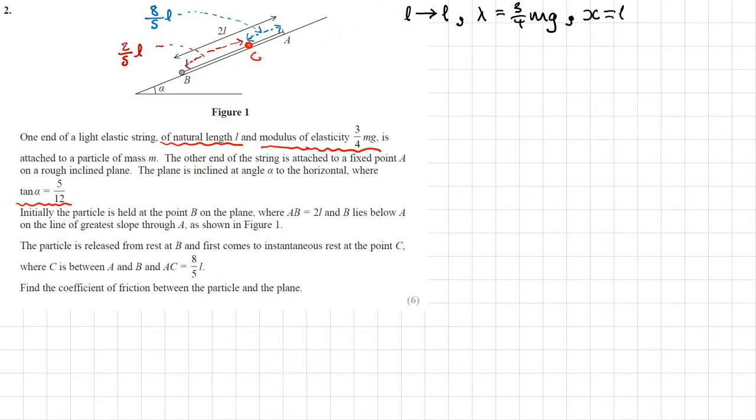So I'm going to start by looking at the energy that I have at the start. Now the way that I do these questions, I've changed the way that I do these questions. So I'll look at the energy at the start, so start energy. I look at the energy at the end, so end energy, which we'll work out in a moment. And these are going to be different because we have a rough plane.